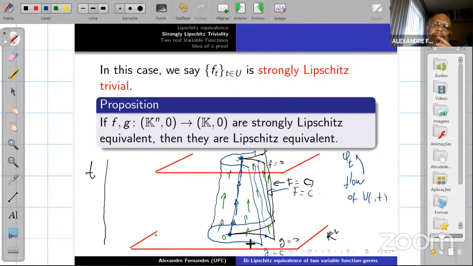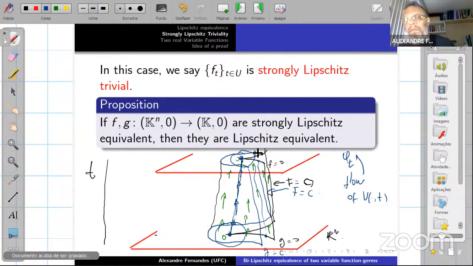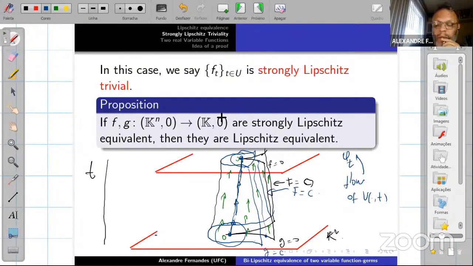Then we have a bi-Lipschitz homeomorphism between a neighborhood of the domain of g to a neighborhood of the domain of f, sending the c level set of g to the c level set of f. Then this is a way to show two functions are Lipschitz equivalent.